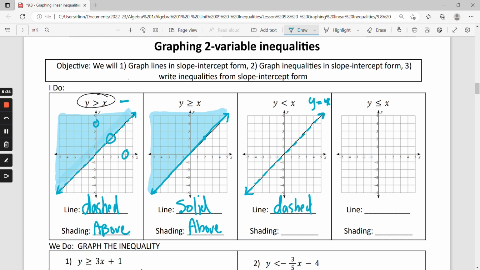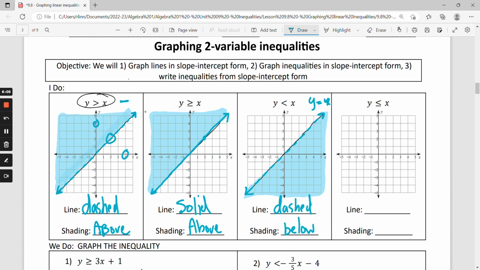All right. But this time our y values are less than x. So instead of highlighting above our line, we're going to highlight all of the stuff below our line. So we'll go ahead and shade that in below our line. And that's going to show us that all of the points below that line are part of our solution.